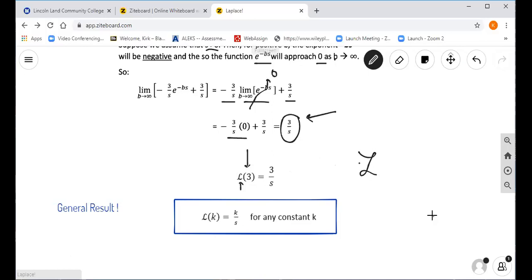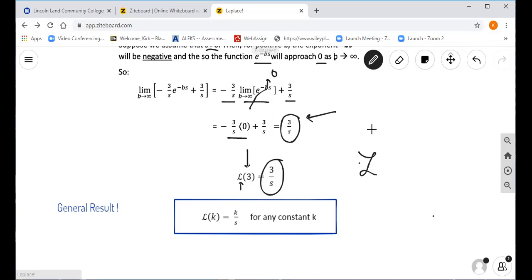And what we're going to say is that when we evaluate that particular improper integral expression with f of t equal to 3, we get the function 3 over s. And so that is what we refer to as the Laplace transform of the function 3.